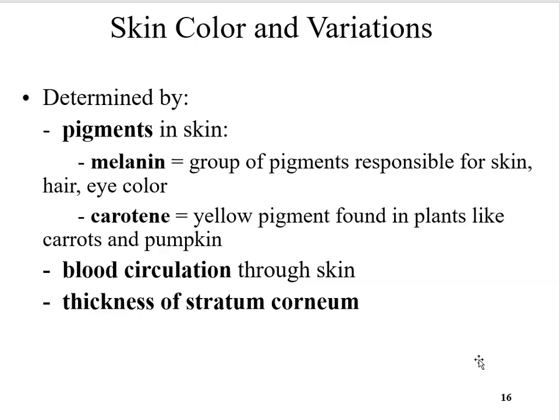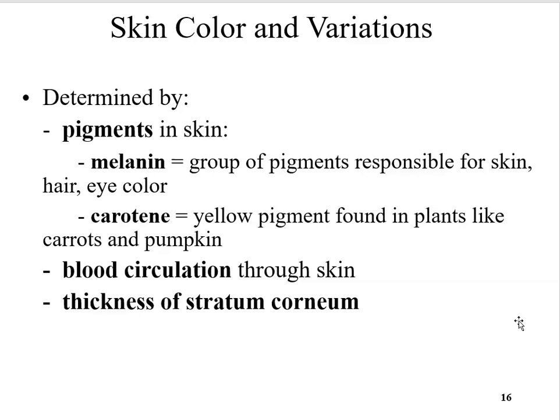There are a couple other pigments that play a role. Keratin is a yellow pigment that can be found in the skin, but it's found first in plants like carrots, sweet potato, squash, pumpkin, red bell pepper. It can make these plants look not just yellow, but orange or red.